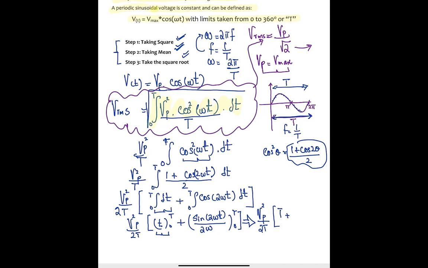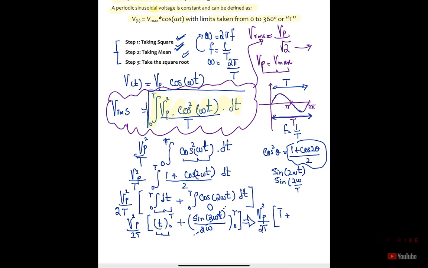Now this whole thing, this whole equation right over here will actually be equivalent to 0. How? I can just show you over here real quick. Remember, you have sine 2 omega t here, correct? I can write this equation as 2 omega over T, correct?